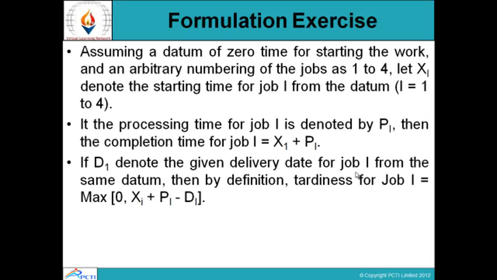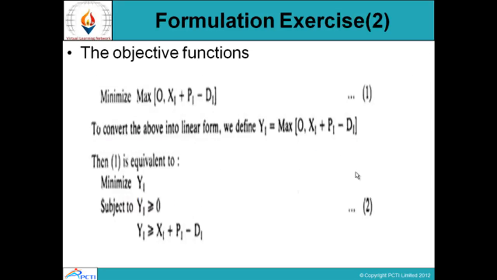If di denotes the given delivery date for job i from the same datum, then by definition tardiness for job i is maximum of 0 and xi plus pi minus di, and the objective function is to minimize the sum of maximum of 0 and xi plus pi minus di.